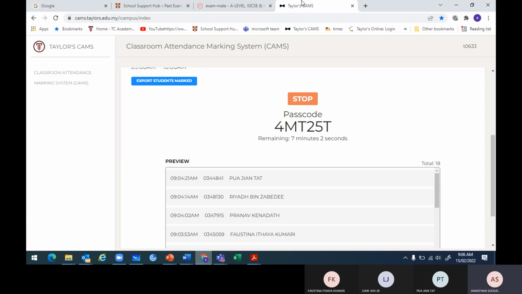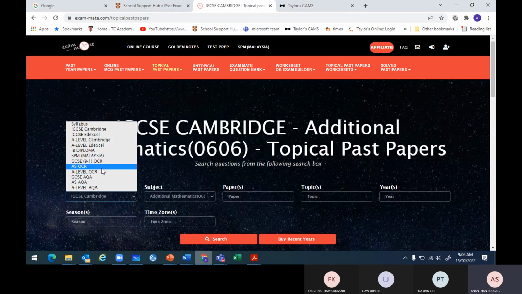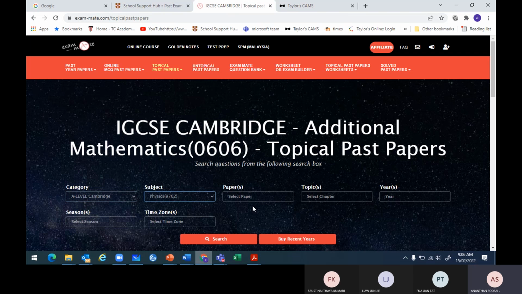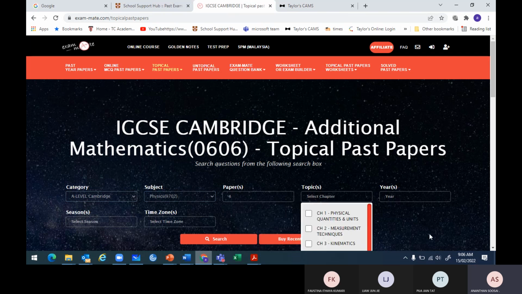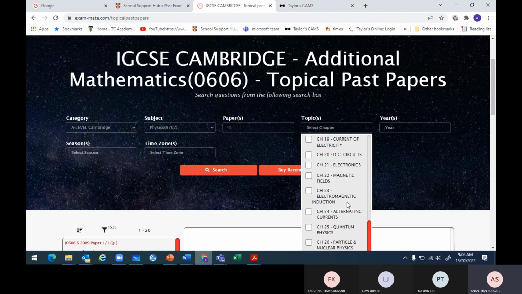So we go to the exam here. Topical, Cambridge Physics, Paper 4. Go for the alternating current.